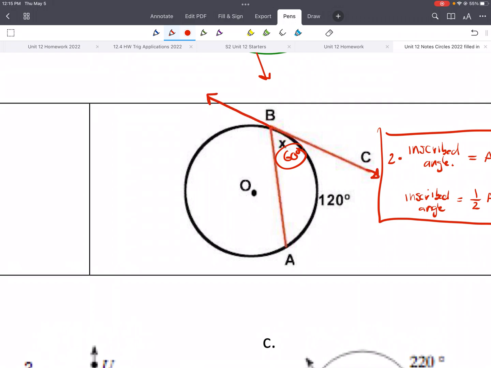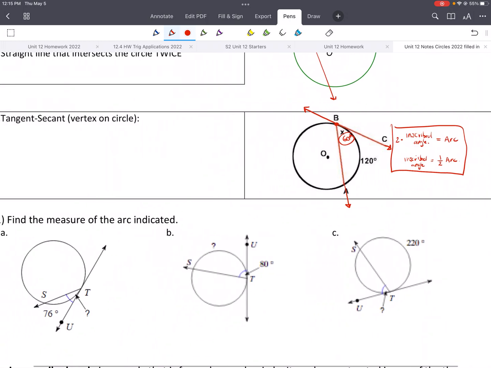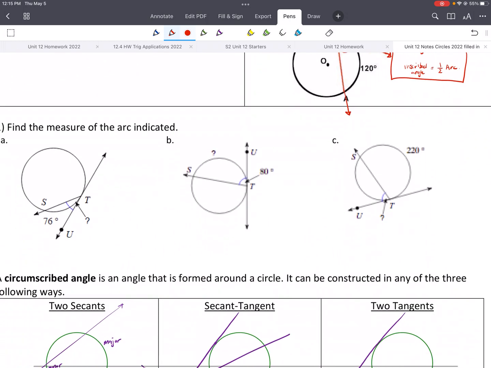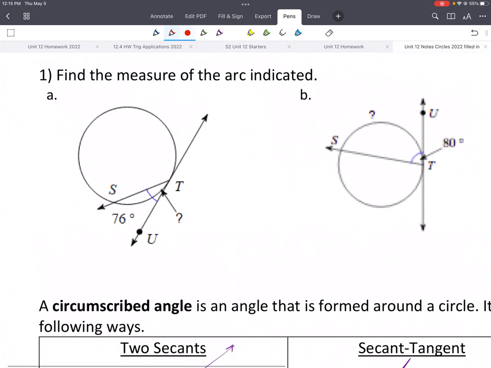BC would be the tangent line, and it has a point of tangency, and then we also have this secant line that crosses the circle twice. All right, so keep that in mind. This is just another example of inscribed angles. All right, so now we also have some more examples of that. If you want to pause and give these a try, I think that would be beneficial for you.